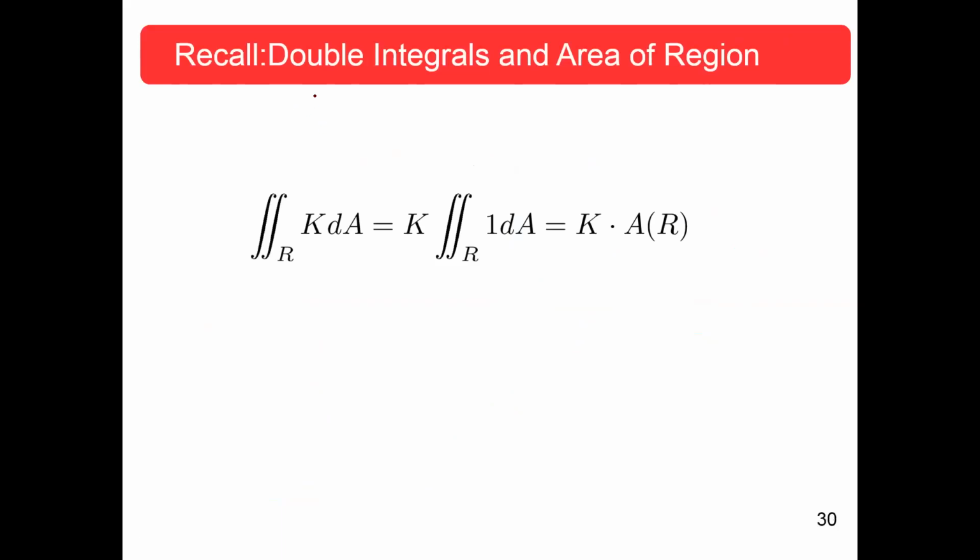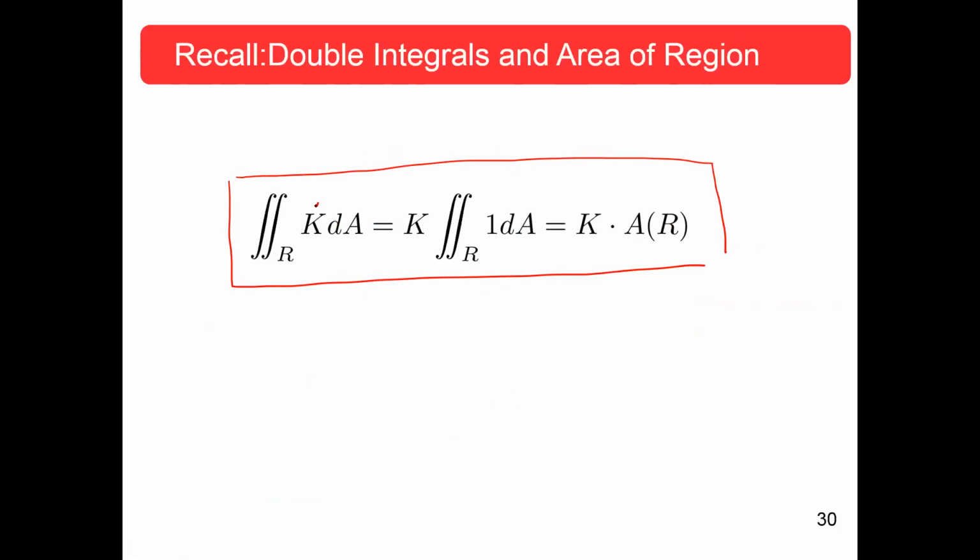When we were introducing double integrals, we talked about this important conclusion. We said the double integral of a constant k, you can pull the k out, and you get k times the double integral over region R of 1 dA.